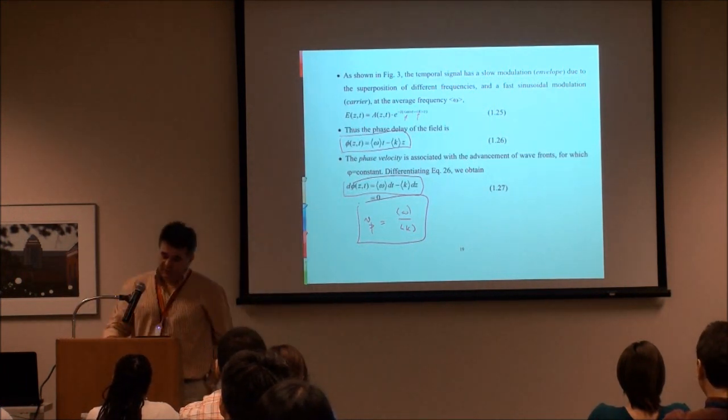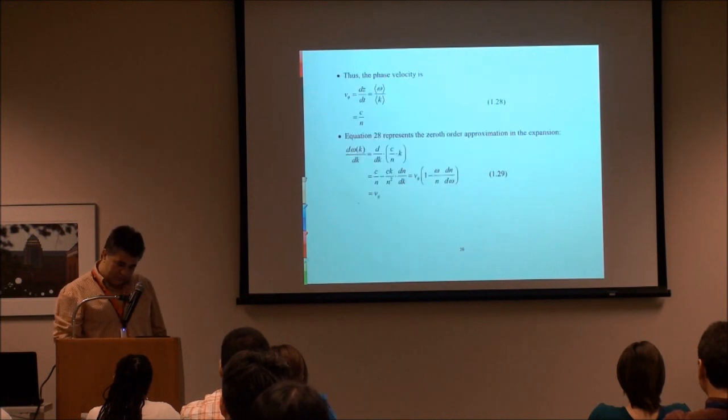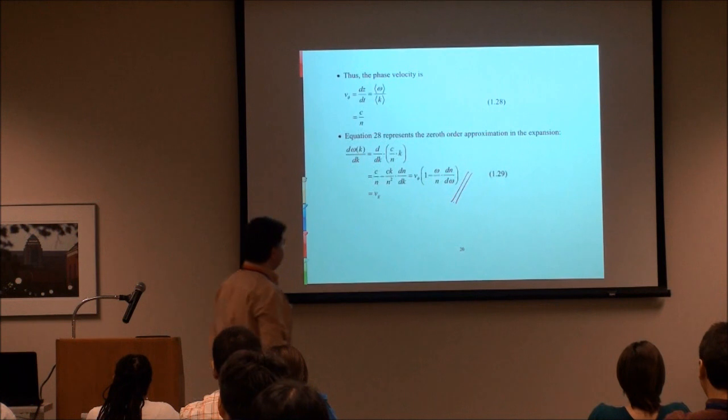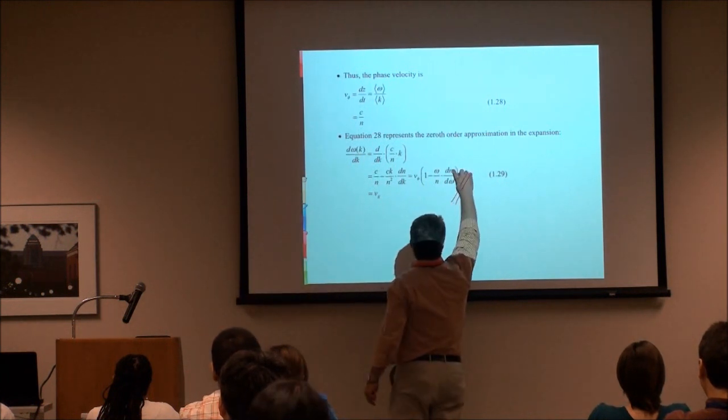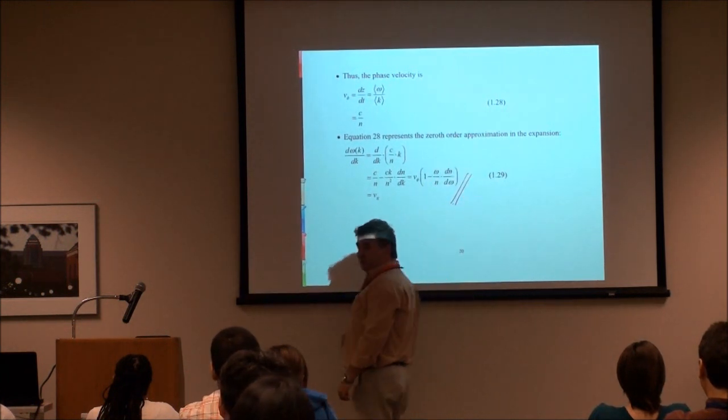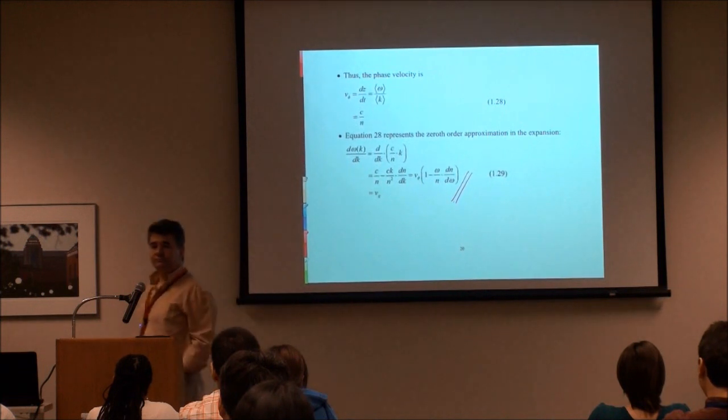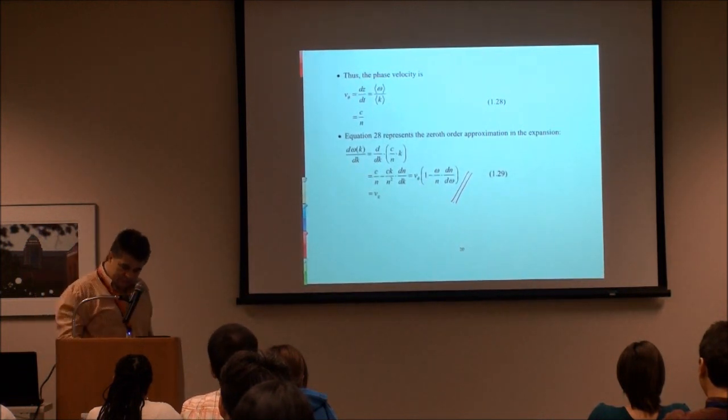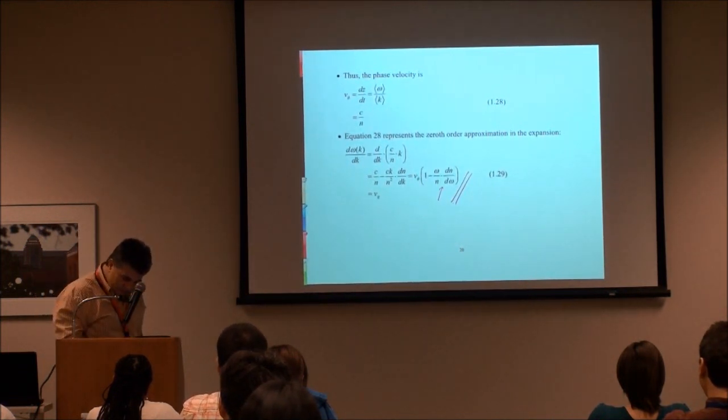But this is actually just the 0th order term in something more complicated, if I have dispersion. If I have dispersion, in other words, dn over d omega is non-zero, then what I call group velocity is actually a correction over the phase velocity.